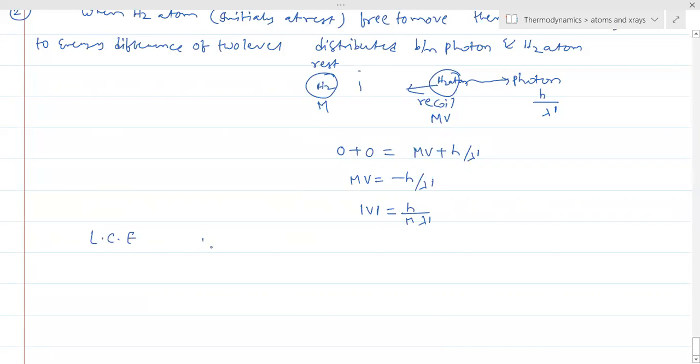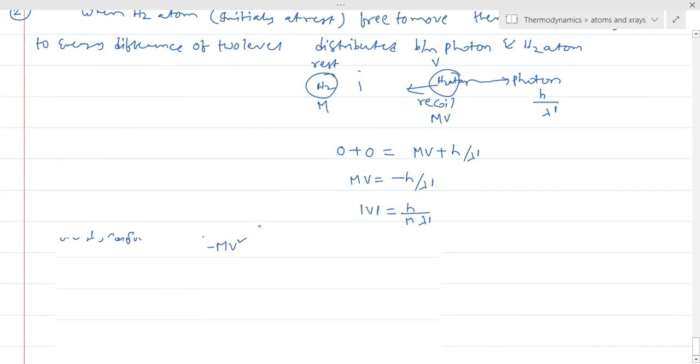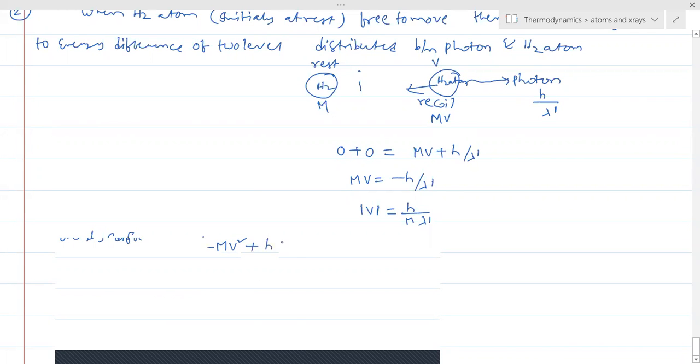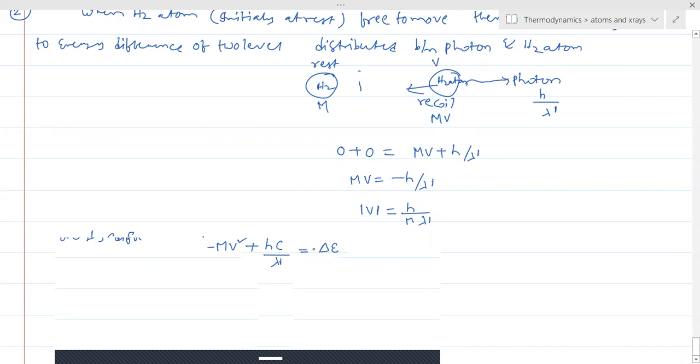Also we will apply the law of conservation of energy. After recoil, if the hydrogen atom recoils with a speed v, the final energy is half mv square plus hc by lambda dash. It came from the energy difference, as we have just seen. The energy difference will be shared between the hydrogen atom and the photon.